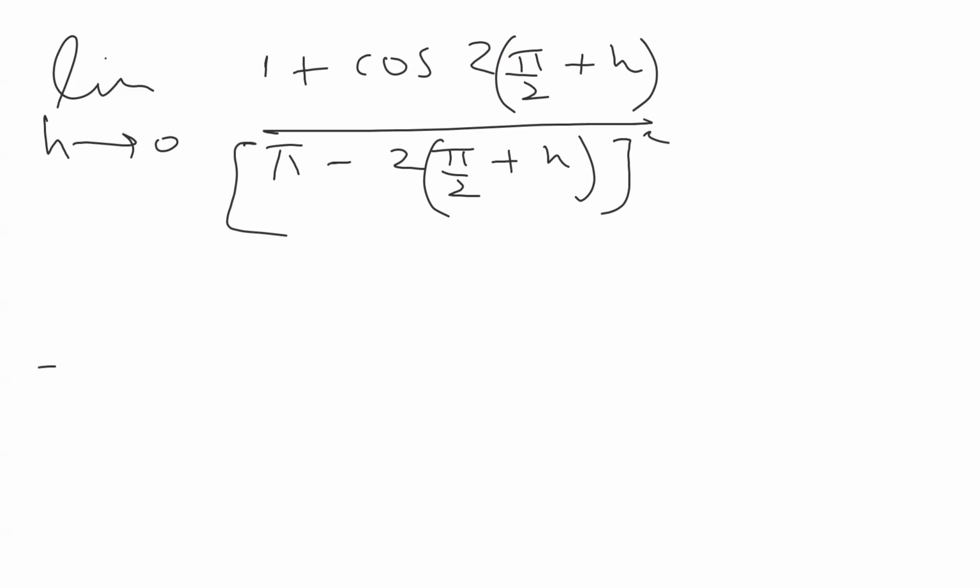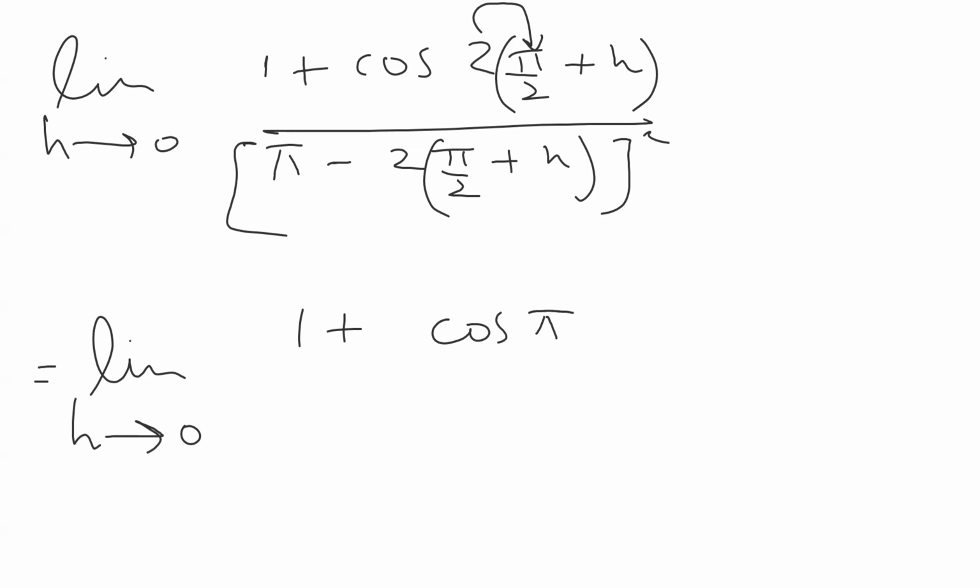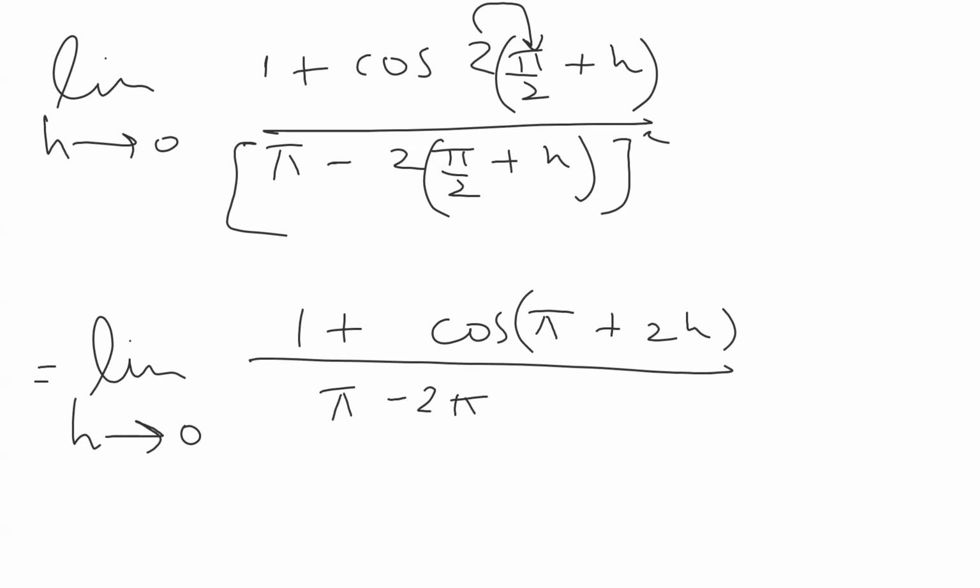So limit h approaching 0, 2 into pi by 2 will give you pi, and this will be plus 2h. And this will be pi minus 2 pi by 2 minus 2h the whole square. I multiplied the minus 2 inside. So this 2 and 2 is getting cancelled, and we are left with pi. So pi and pi will also get cancelled. Pi minus pi 0, 0 minus 2h within the bracket down.